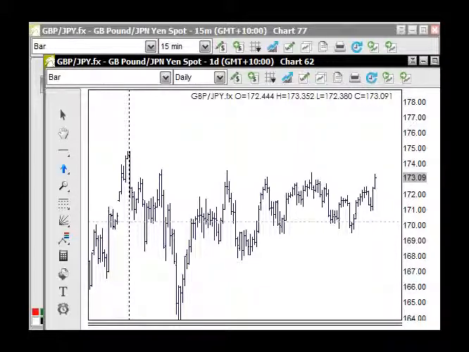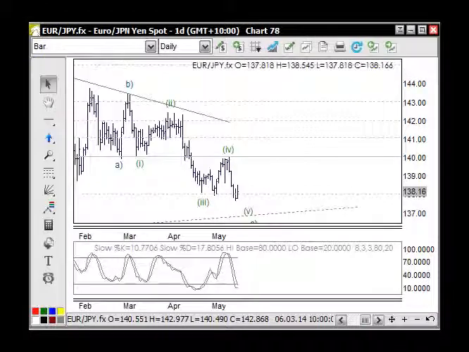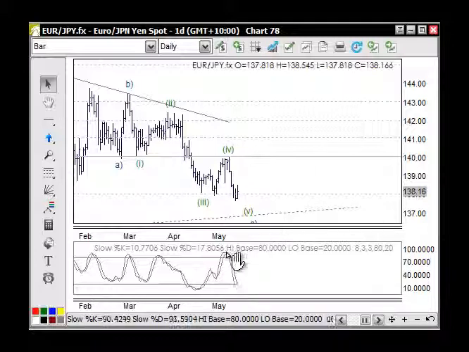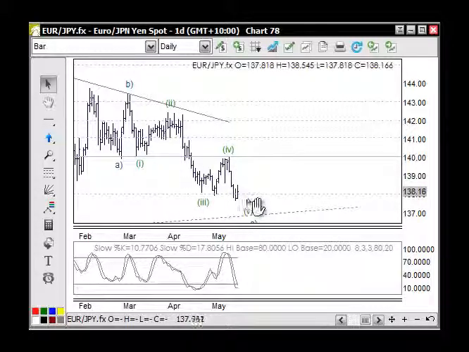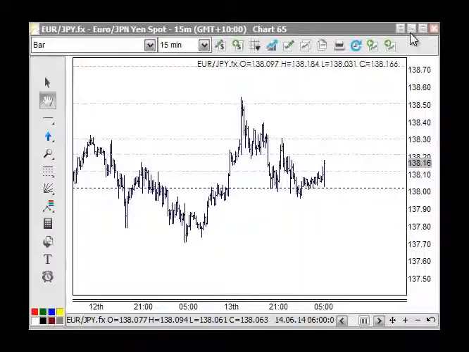The euro yen, as you can imagine, the euro being weaker, it's not really following the pound up as much. So we have been expecting a low on the stochastics here on the daily, and we have been looking down for 1, 2, 3, 4, and 5 here. We're sort of fishing for a low. We may have it, but it's not really sort of pushing to the upside that much.